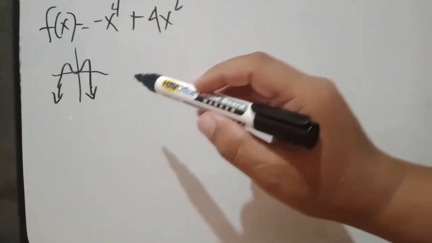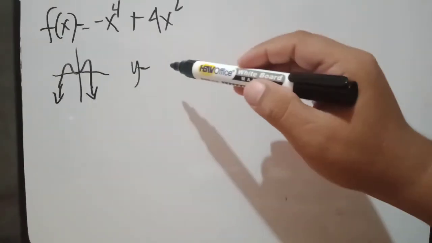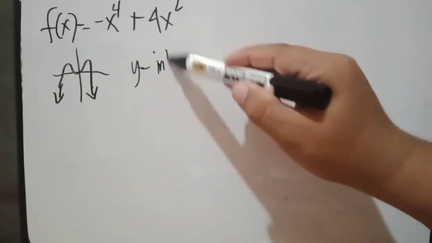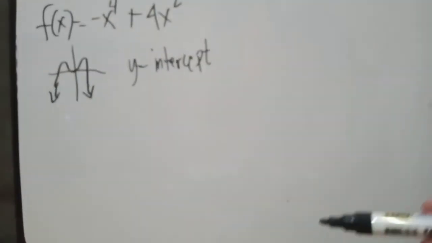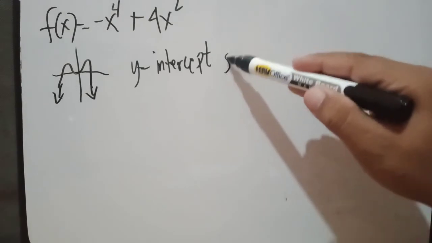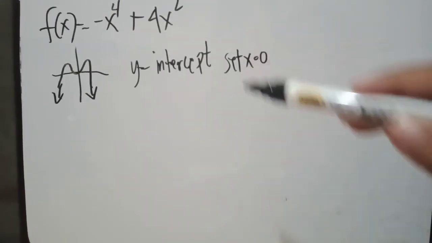We don't know yet what the points are. First thing we have to solve is the y-intercept. Let's set x equal to 0.